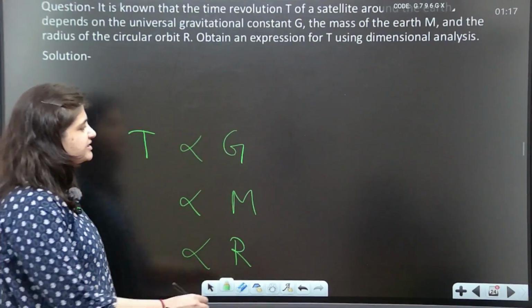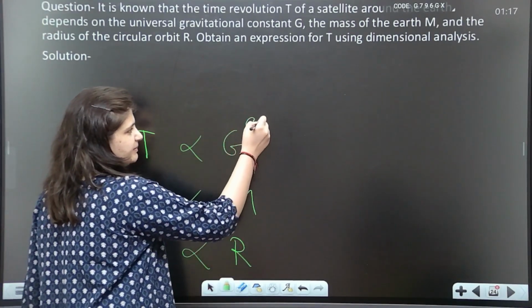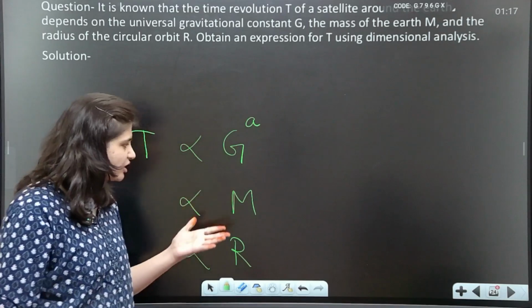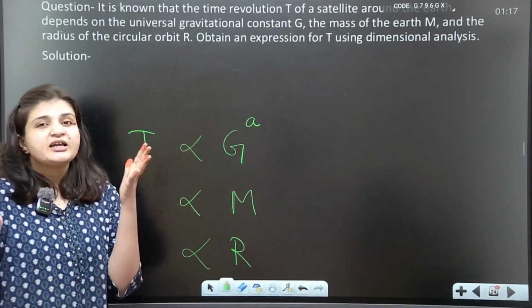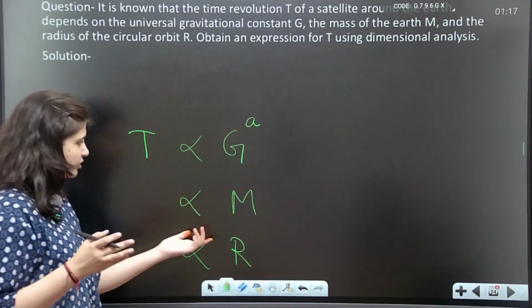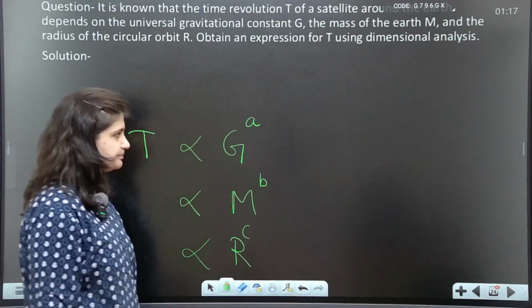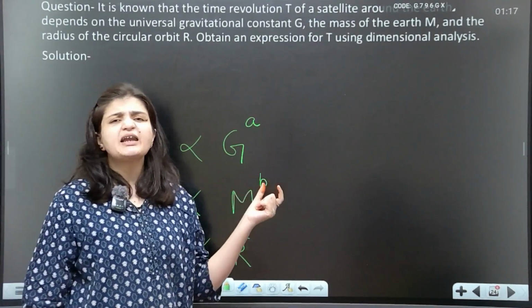Let's suppose it is dependent on G to the power A, on mass M to the power B, and on R to the power C. So what will we write it as?